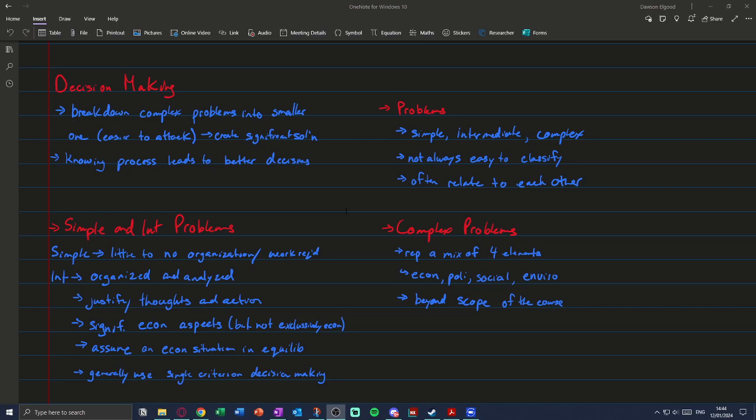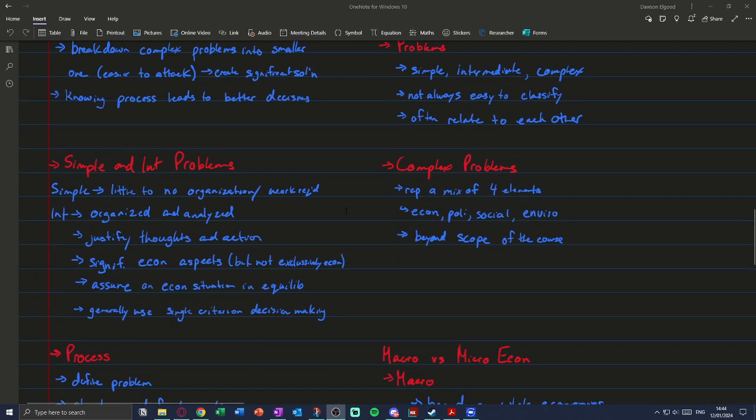So when it comes to simple problems, it's little to no organization and work required. With any luck, you see a simple problem, you just pick it off, get it done right away. When it comes to an intermediate problem, it's going to require a lot of organization, and it needs to be analyzed. So you have to justify your thoughts and actions. Why are you making these actions?